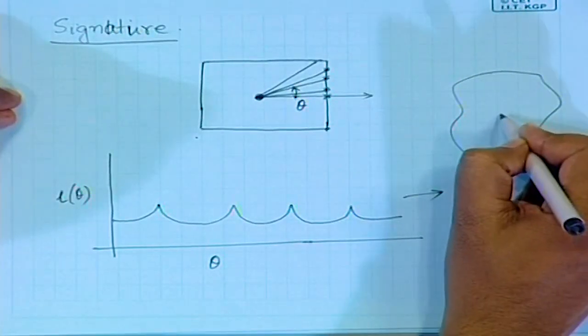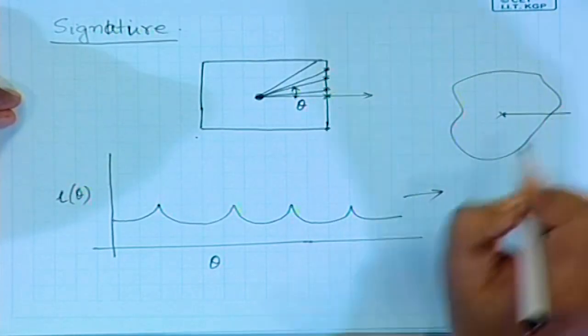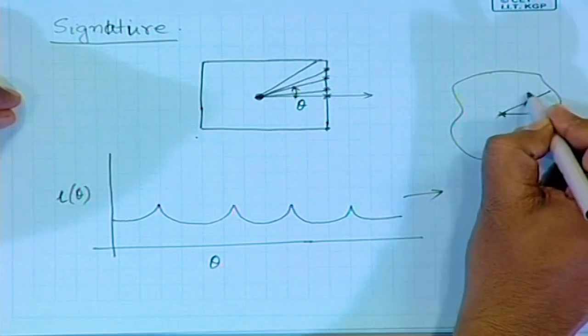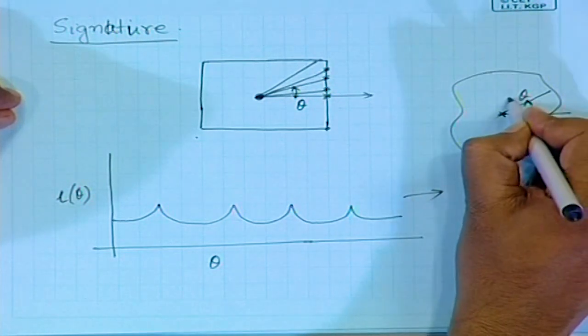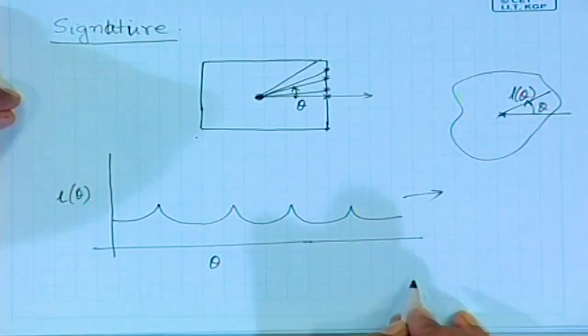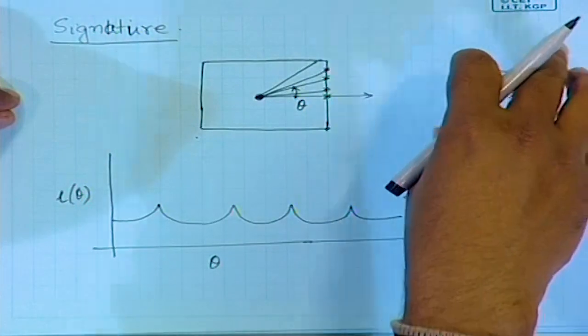So, you find that if I have an arbitrary shape something like this, starting from its centroid and with respect to some reference, if I go on computing the distances L theta at an angle theta, then the plot of L theta versus theta will give you some signature of this particular shape. The signature itself or a transformed version of it can be used as a feature for recognition purpose. Okay. So, let us stop here today.